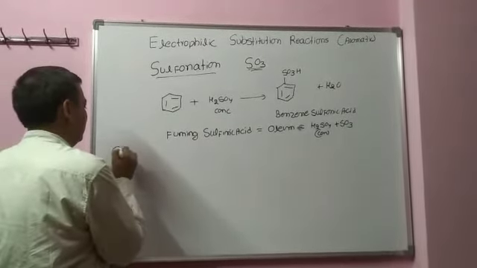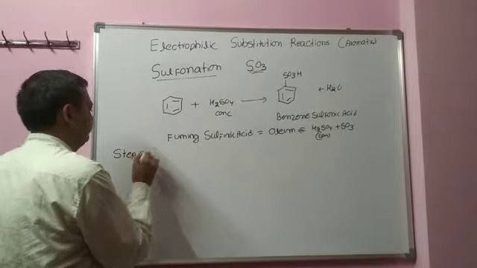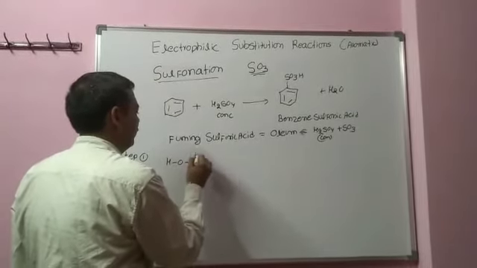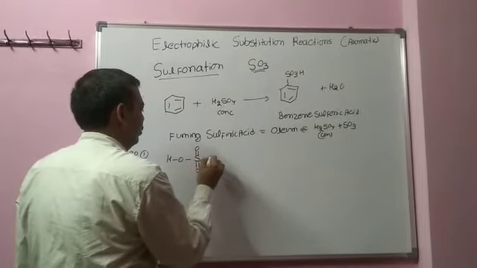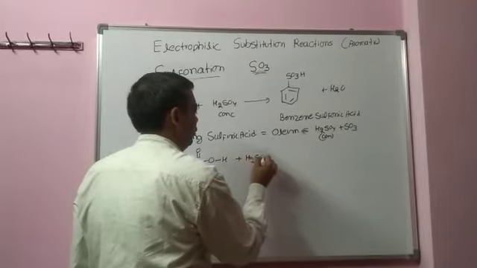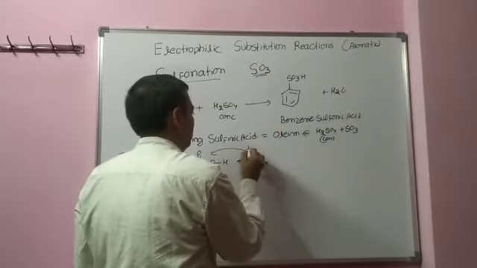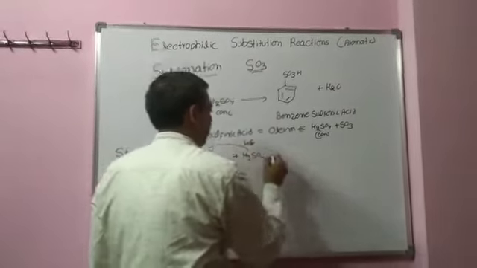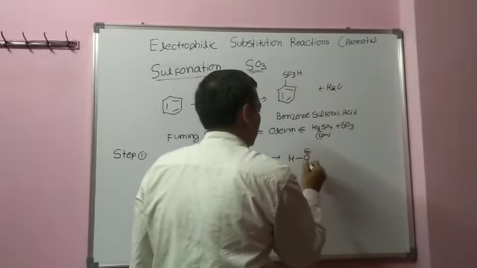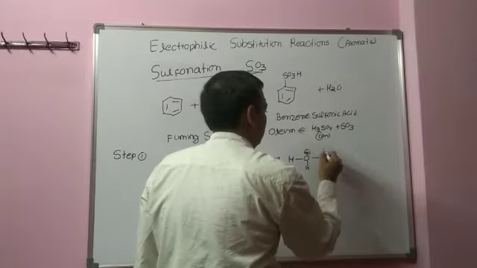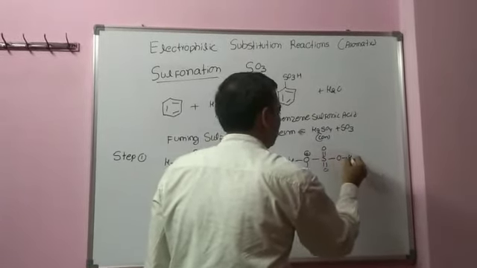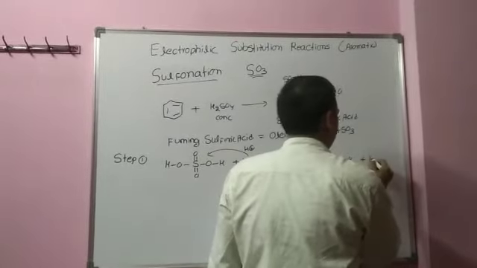Coming to the mechanism, step 1, generation of the electrophile. H2SO4 reacts with H2SO4. So what is happening here? This is formed as a complex and HSO4 minus.